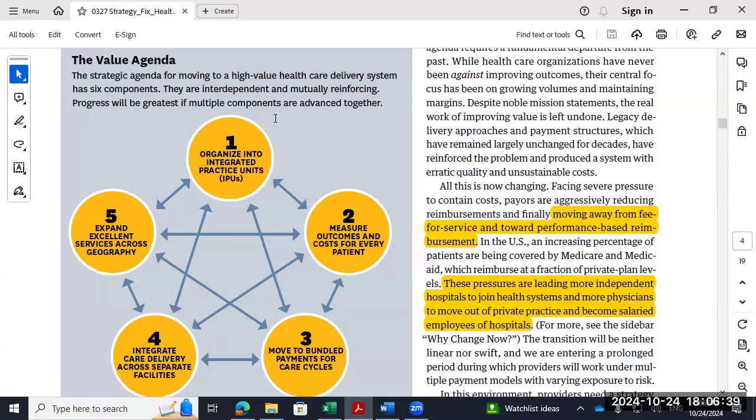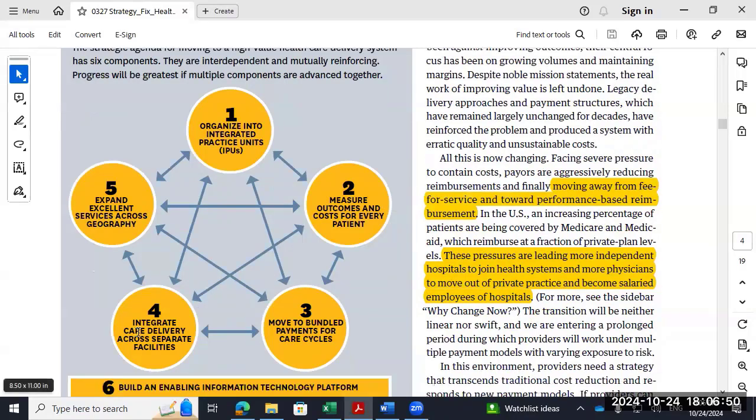You do whatever San Antonio needs, but the grading is going to be based on how healthy San Antonio citizens are. That's how your payment is going to be based, on outcomes for care cycles, integrated care delivery across separate facilities. That integration we'll talk about.